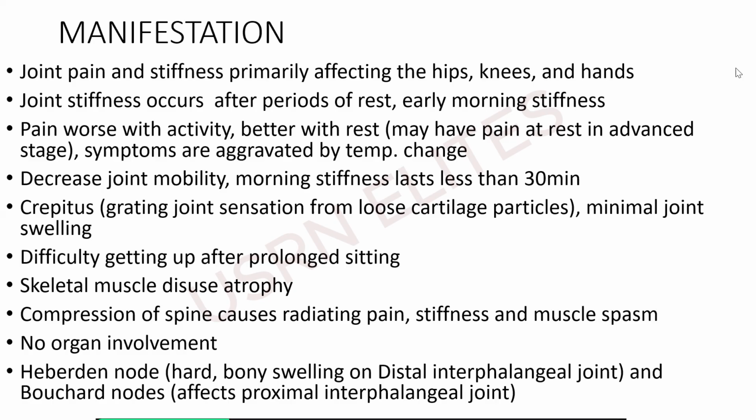So you see crepitation in osteoarthritis, but not in rheumatoid. In rheumatoid, there's inflammation. You see crepitation in osteoarthritis, where the cartilages are worn off and the joint comes together.